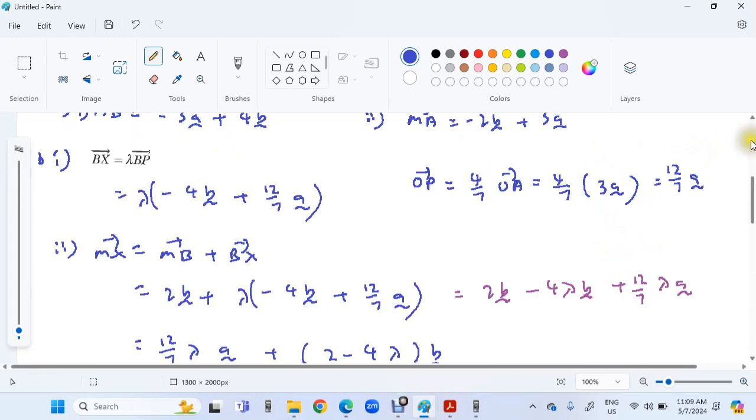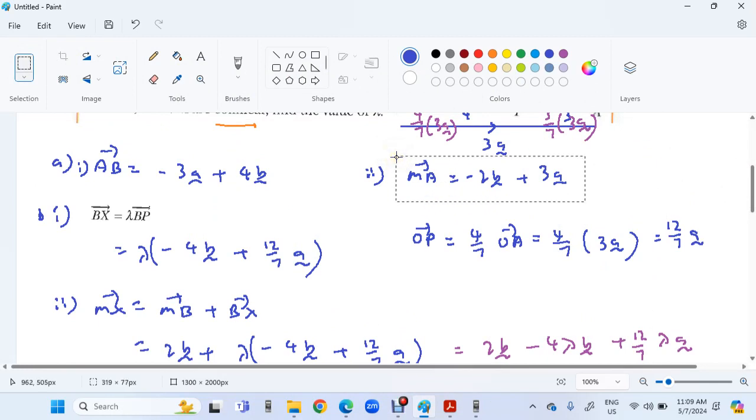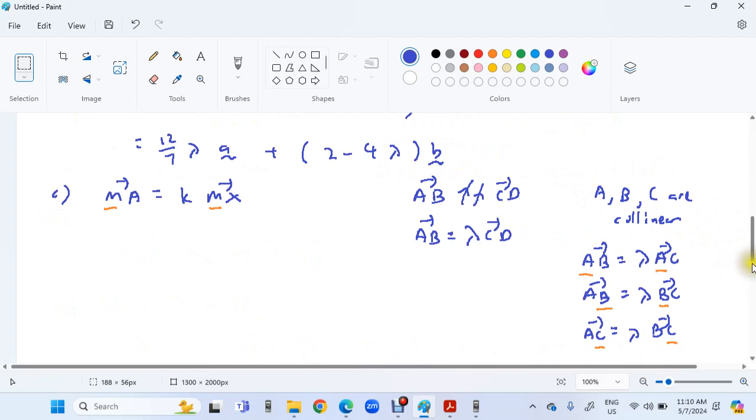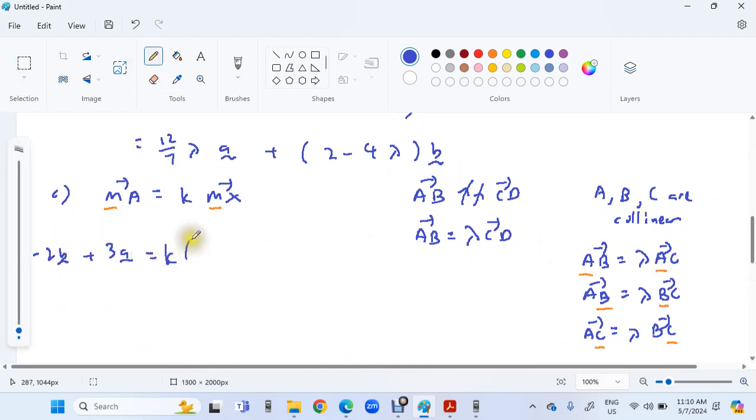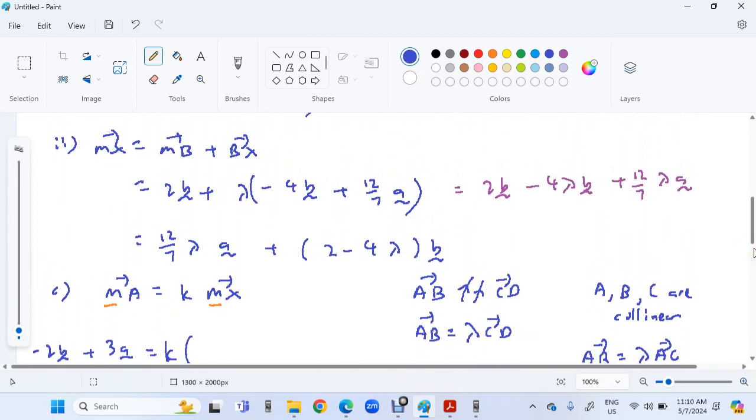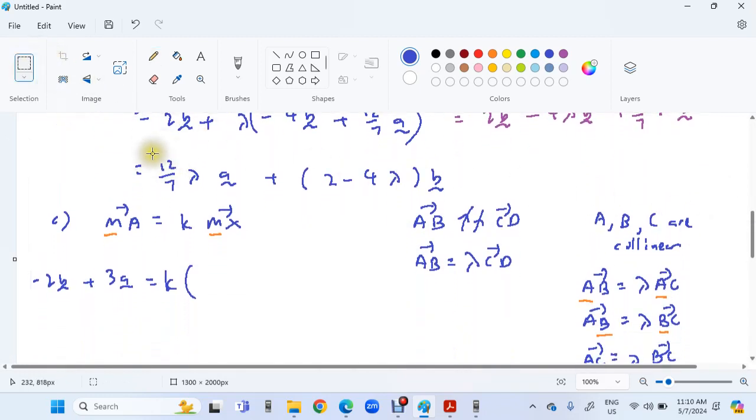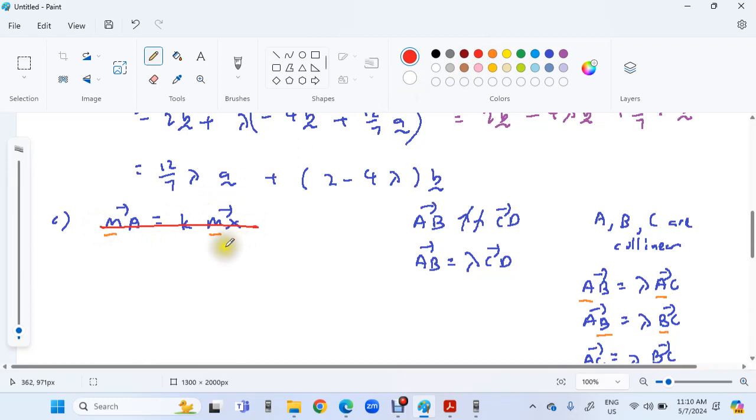So we get the MA here. This is the MA. So MA is equal to K MX. MX is what? MX is this one. Okay, I think this one is okay.